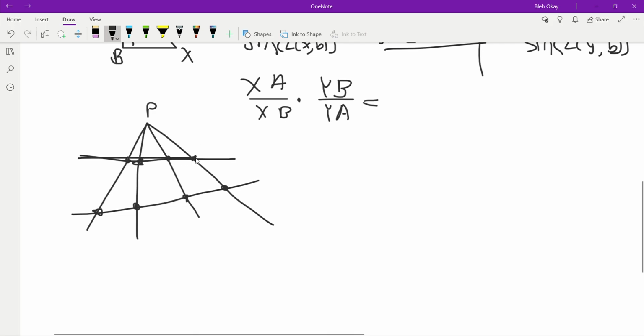We are now able to project from one line, L1, to another line, L2. We project through a point P, right?